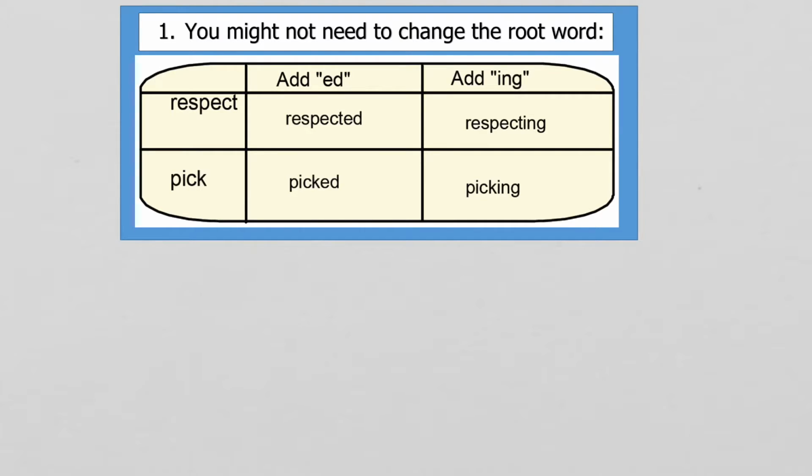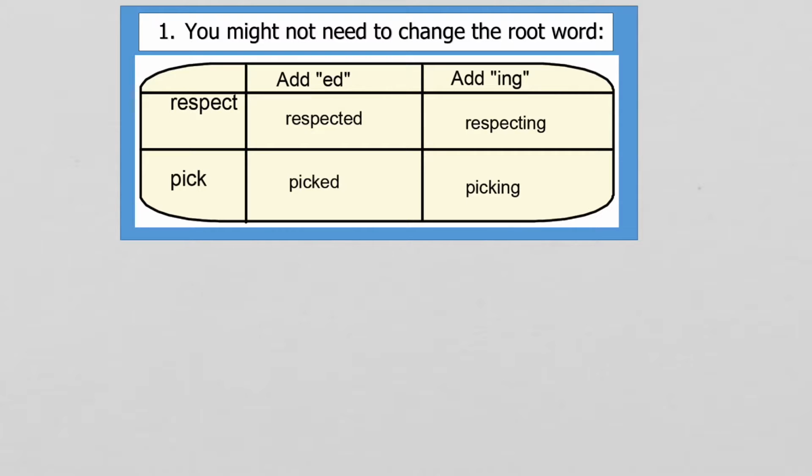So if we start with respect here and we add ed, we end up with respected. If we add ing, we end up with respecting. And with the word pick, if we add ed, we end up with picked. And if we add ing, we end up with the word picking.